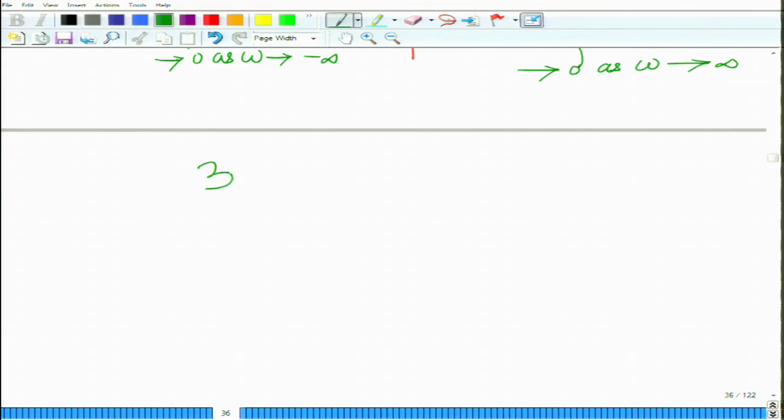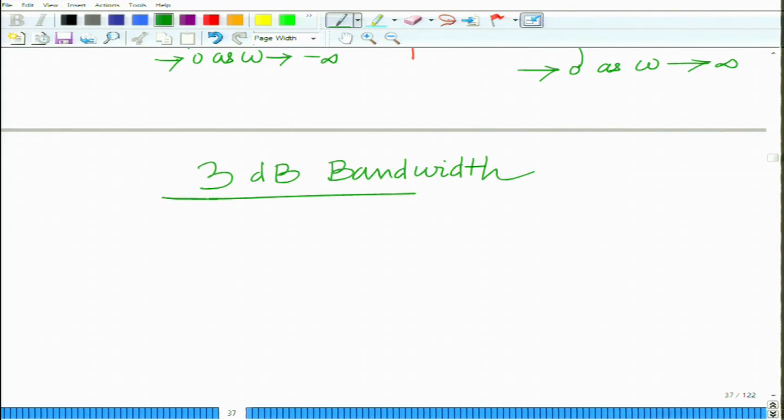Okay, so we want to define the 3 dB bandwidth of the filter, omega 3 dB.